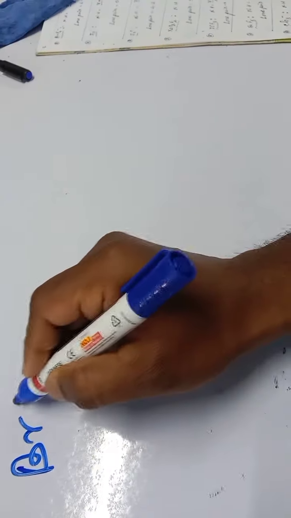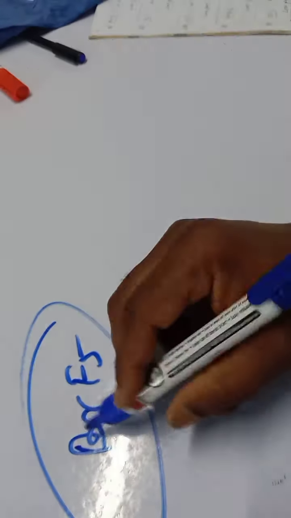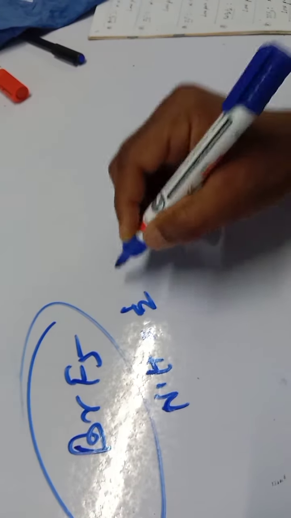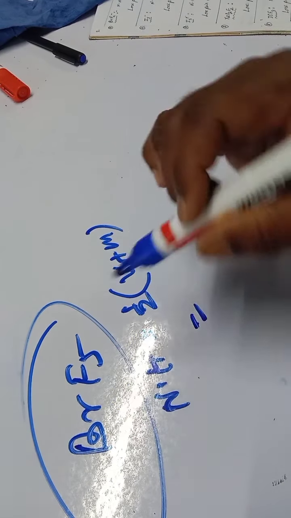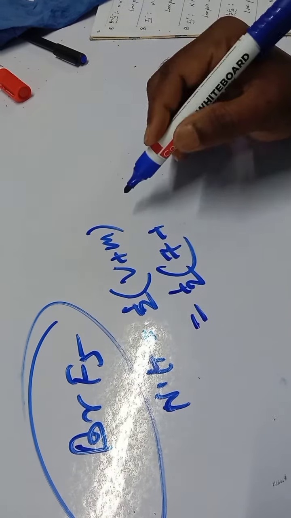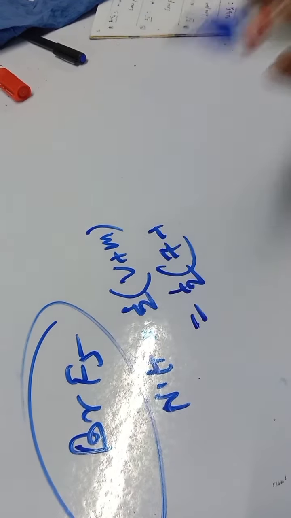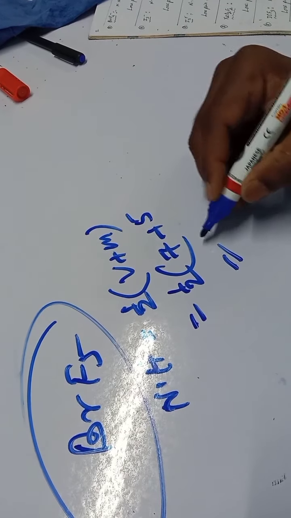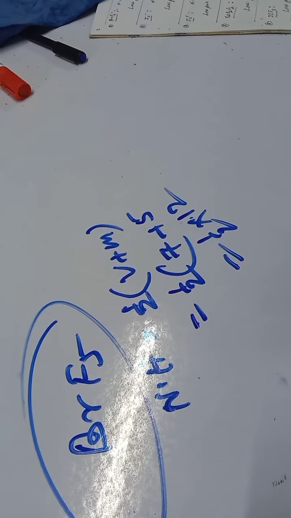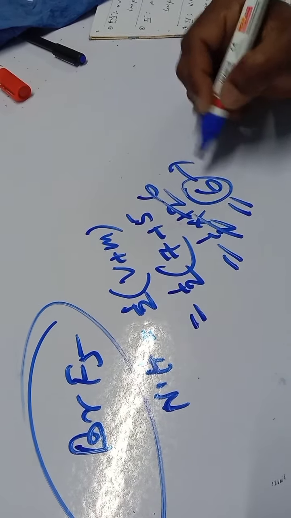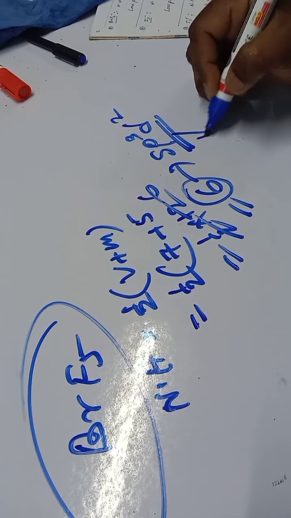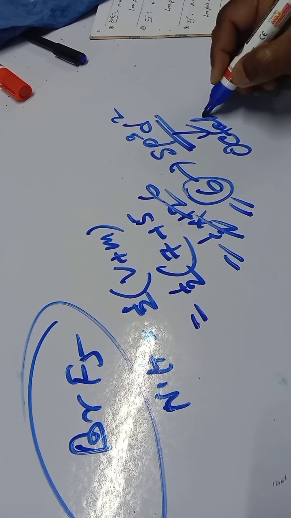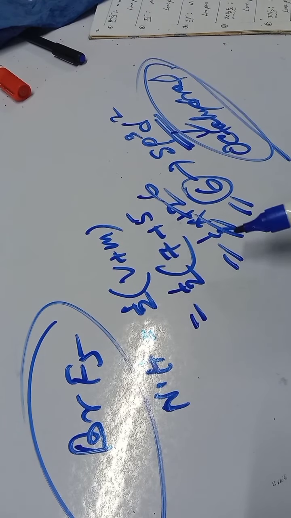Next part, BrF5. You may write NH equal to half of V plus M. This is a halogen, group 17 element, so the valence electron is 7, and the number of monovalent atoms attached to the central atom is 5. So 12, half is 6. That is sp3d2, and the geometrical shape is octahedral.